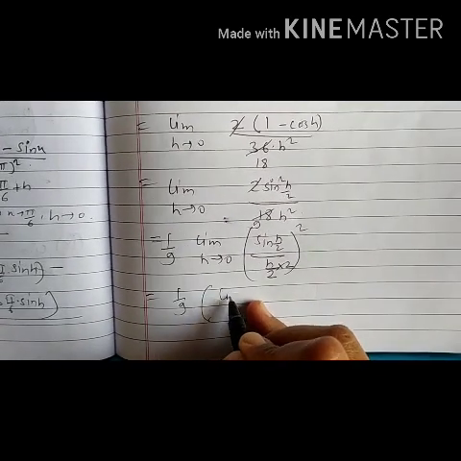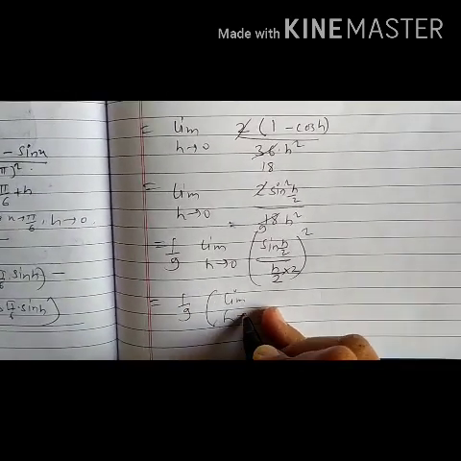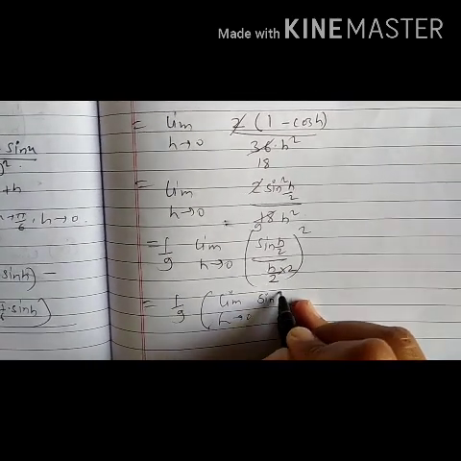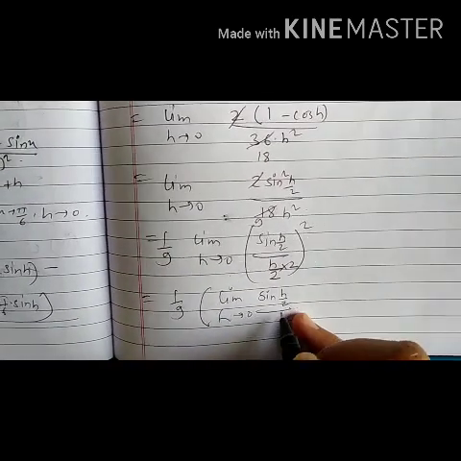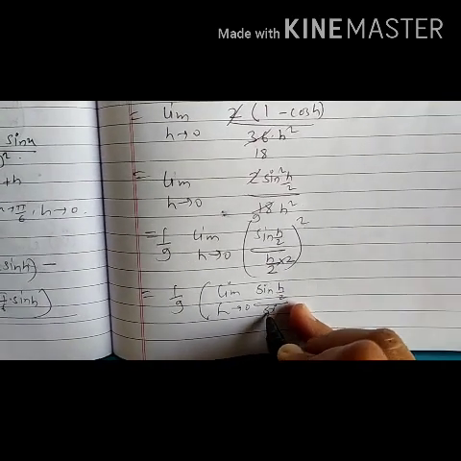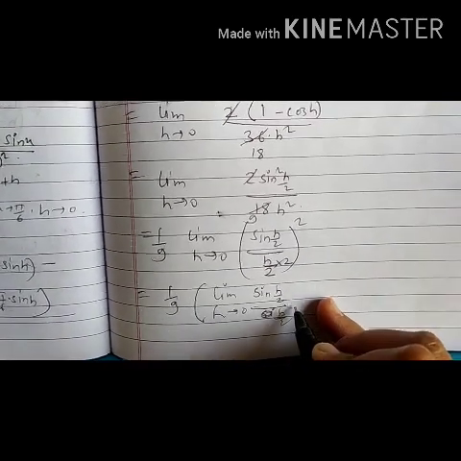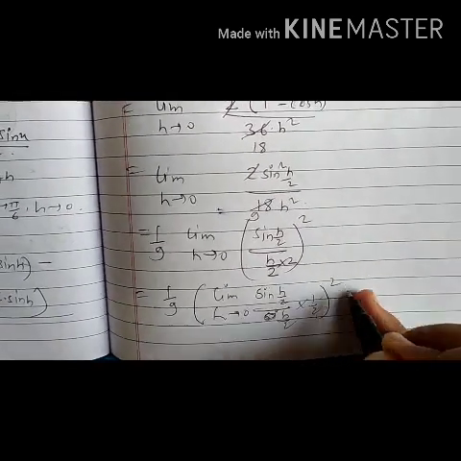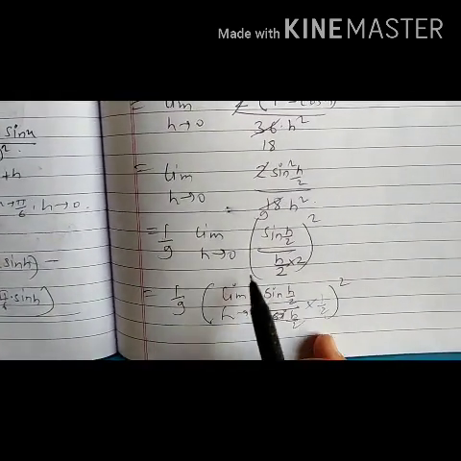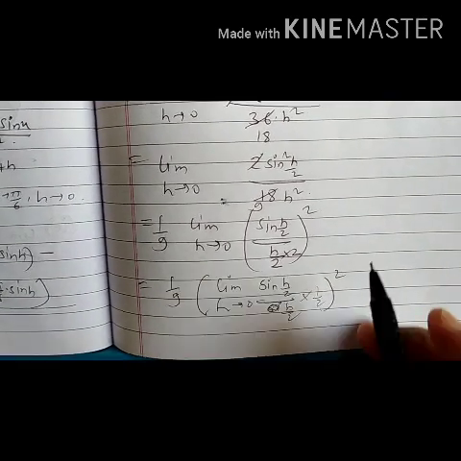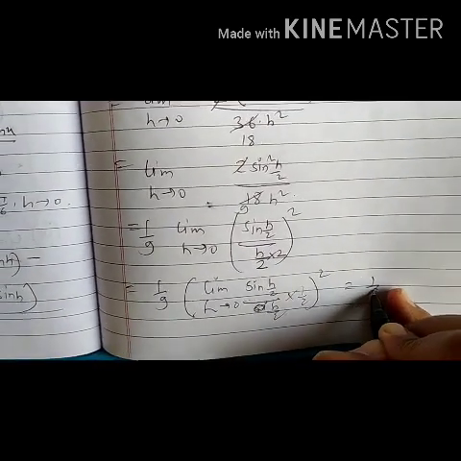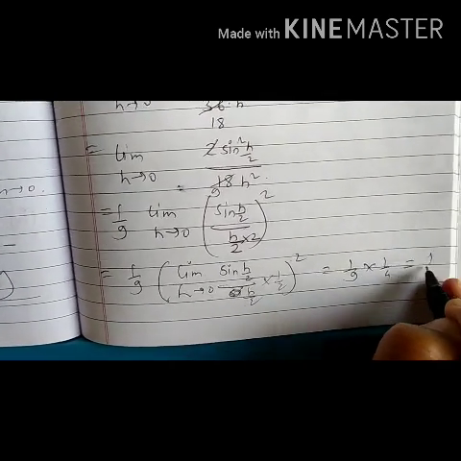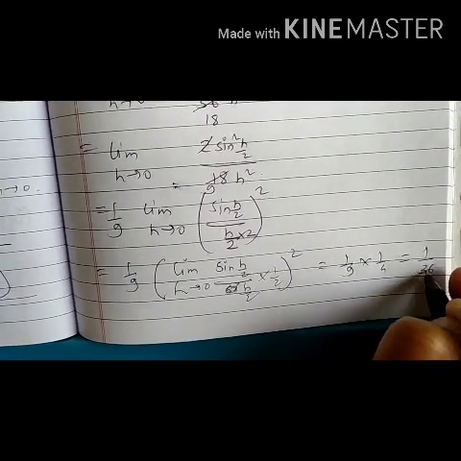We'll take limit inside, limit as h tends to 0, sin of h by 2 upon h by 2 into 1 upon 2, bracket square. So this limiting value is 1. 1 into 1 by 2 whole square is equal to 1 by 9 into 1 by 4, that is 1 upon 4 9s are 36.